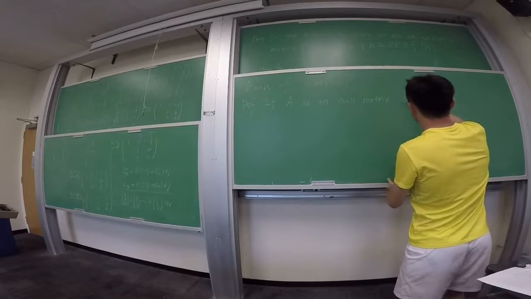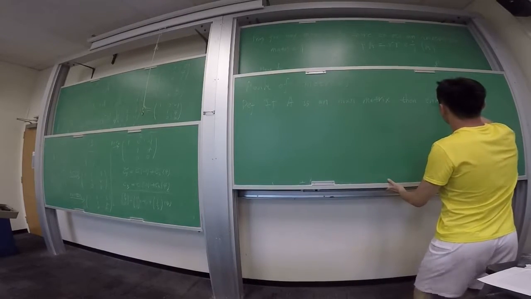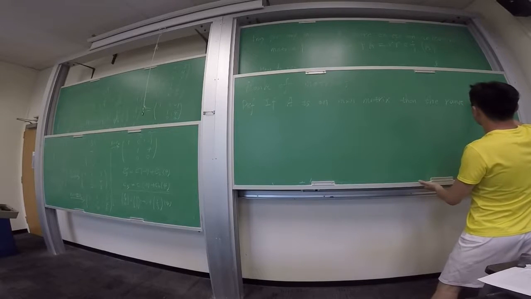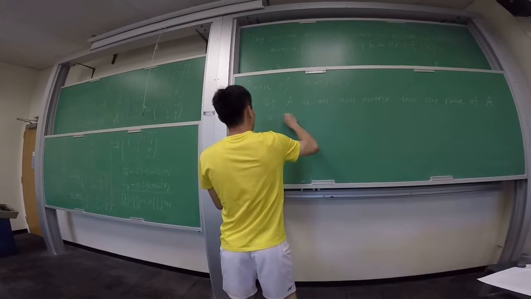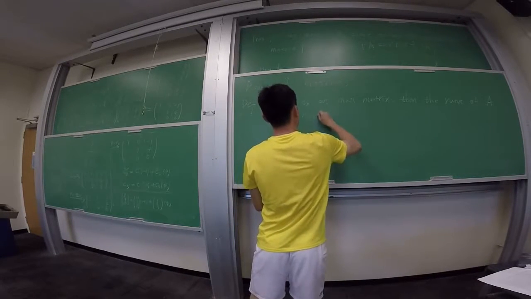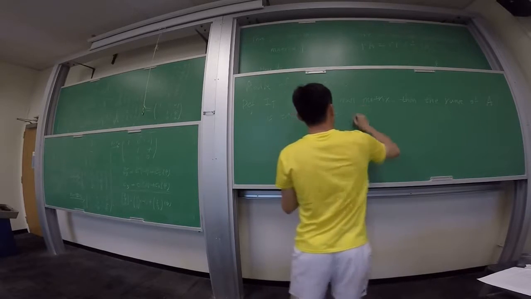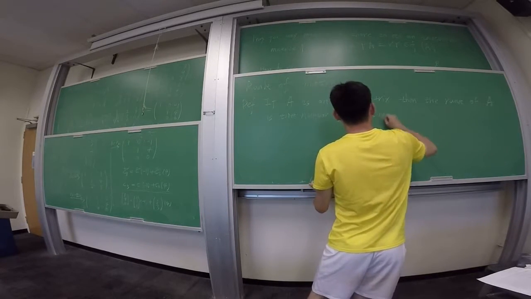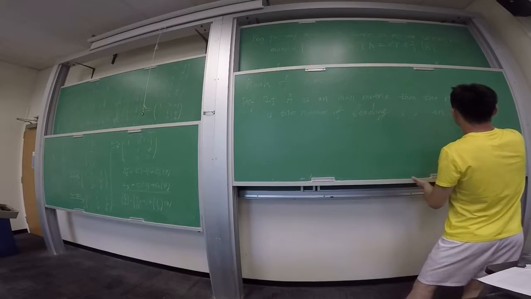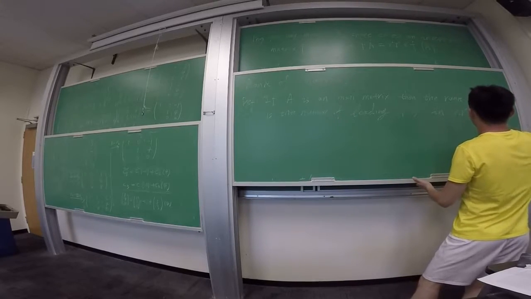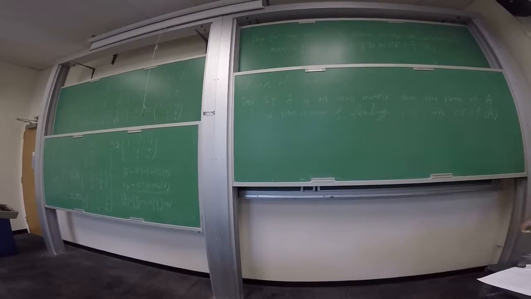Then the rank of A is the number of leading ones in the reduced row echelon form of A. Okay, this is a rigorous definition of the rank of A. So as you can see, it is very abstract.